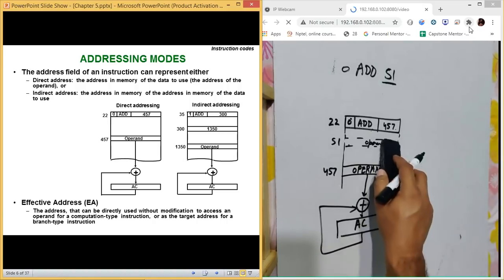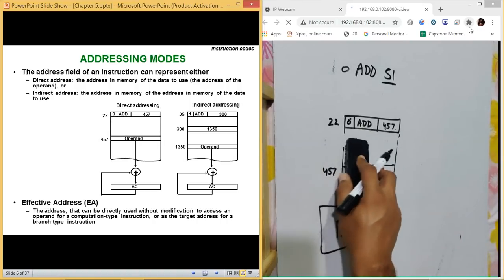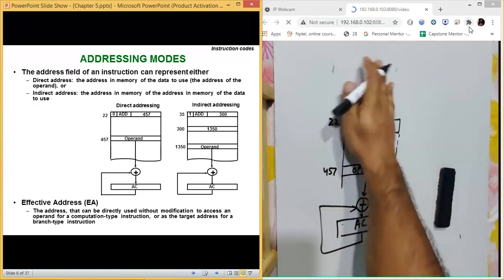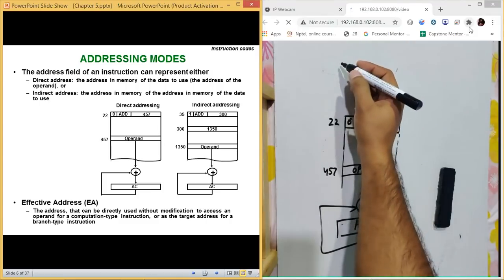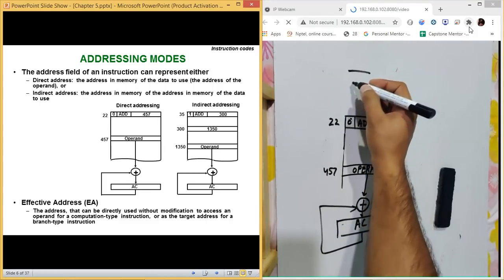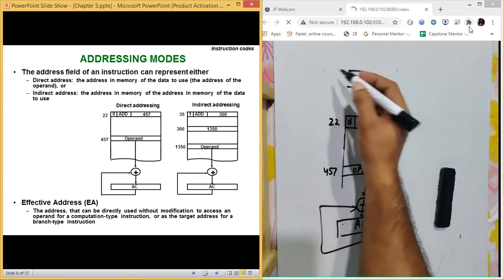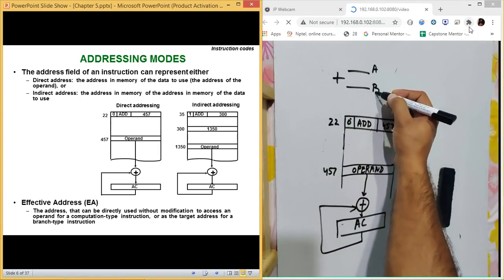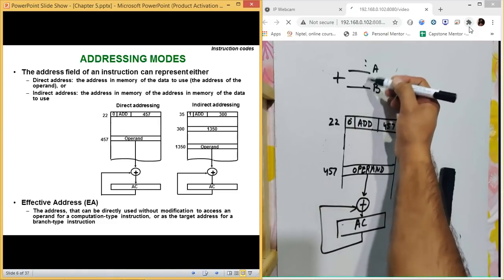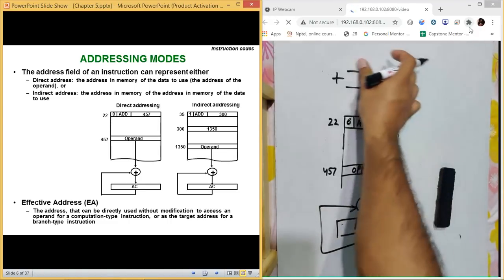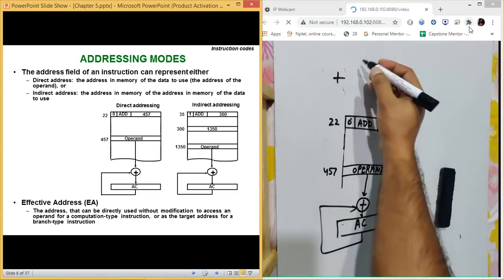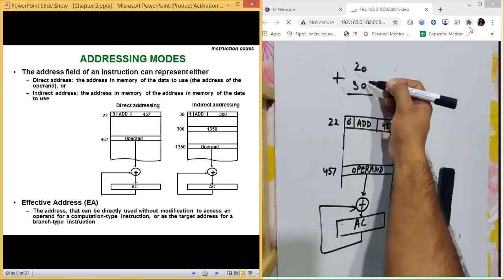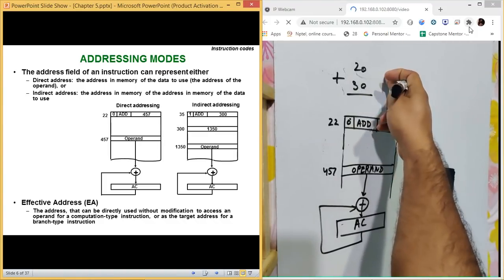Now what is an operand? Like if I want to perform addition, so for performing addition, I will have two values with me. I will have a value A, I will have a value B. So these two values are known as the operands. Like in the case of if I want to add 20 with 30, so 20 and 30 both are my operands.